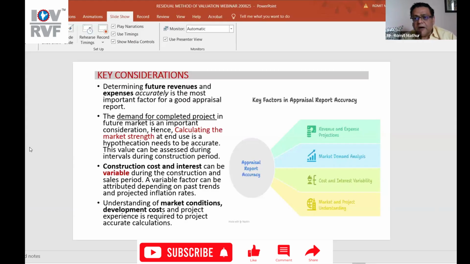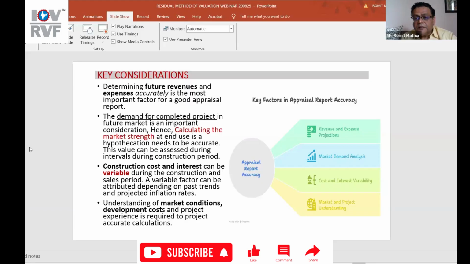But in case the market is static, let us say there is no inflation and no deflation, then accurately predicting becomes much easier, because you know the past trends and they're going to sustain that way for this much time.